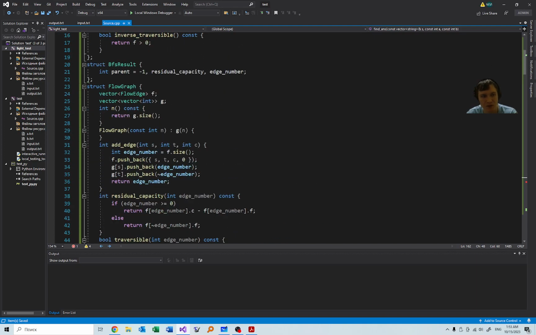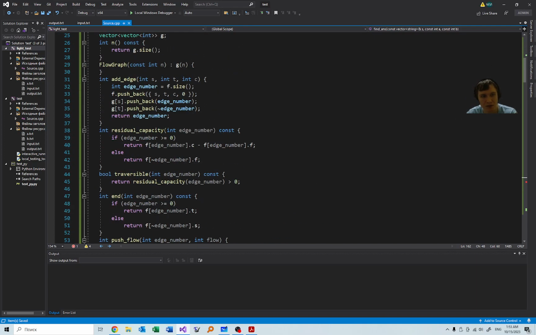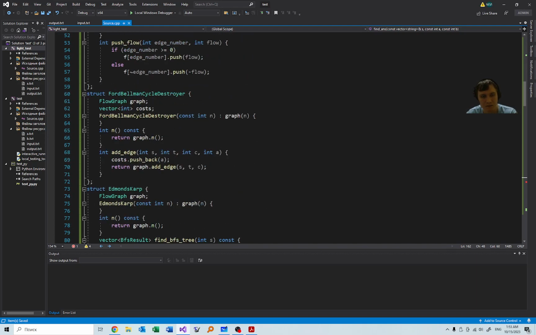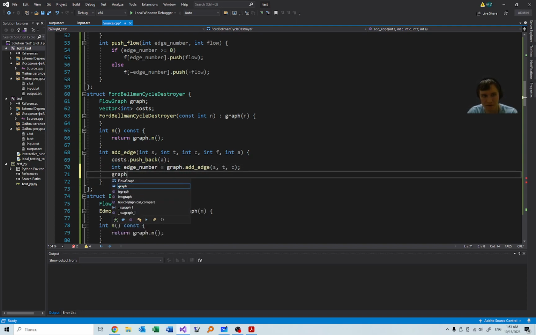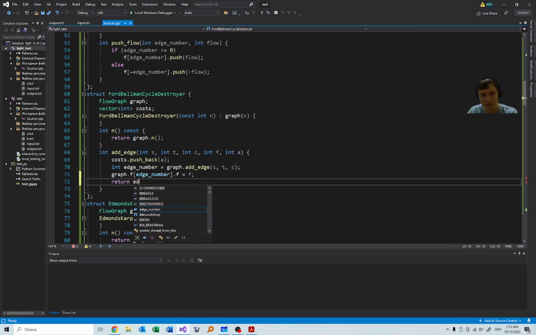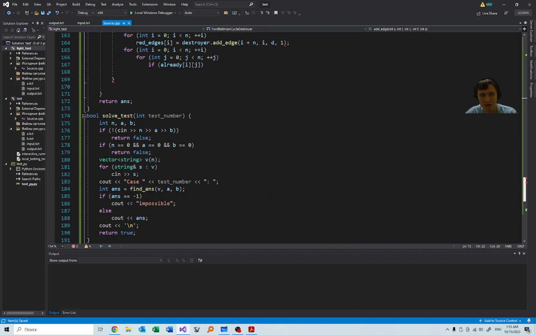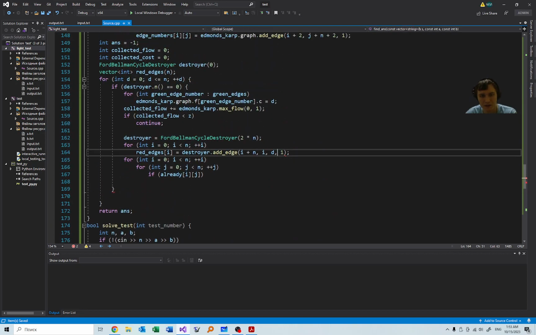Not the capacity, but flow. I need to pass the flow here. So here I have int flow and int a. So here I say int edge number equals this. I say graph dot f edge number dot f equals f, and then return edge number. Great.